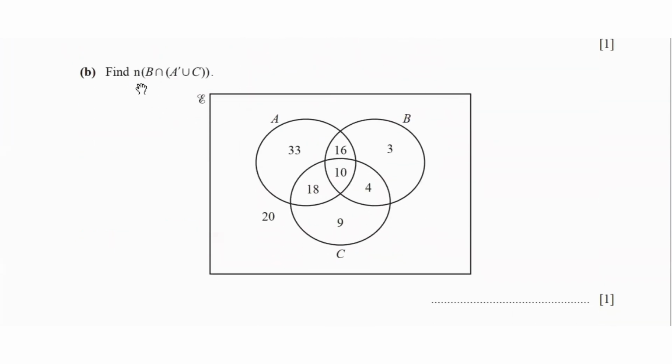Then find the number of B intersection A complement union C. So A complement union C is basically going to be all of this.